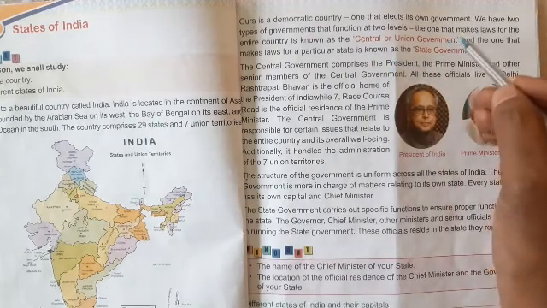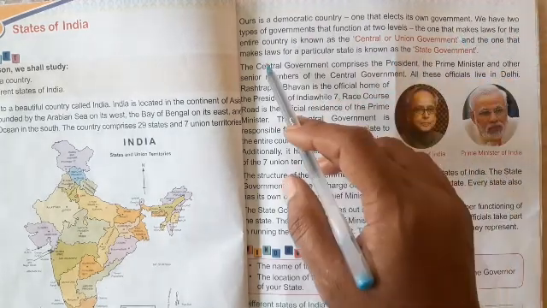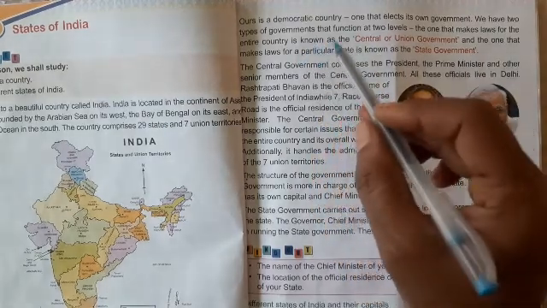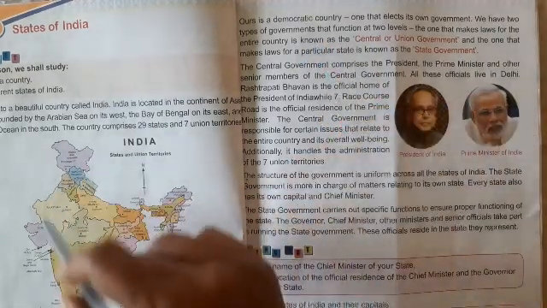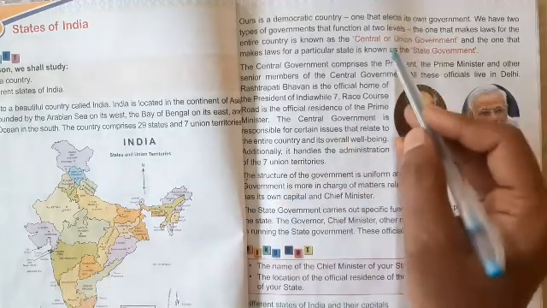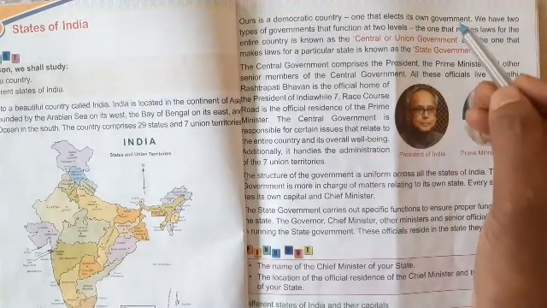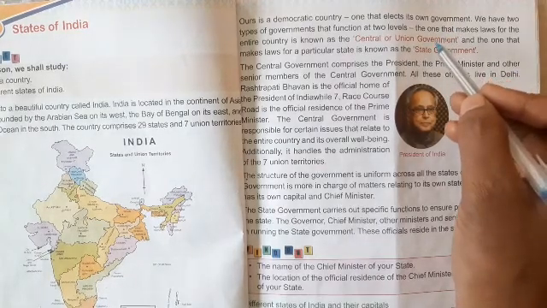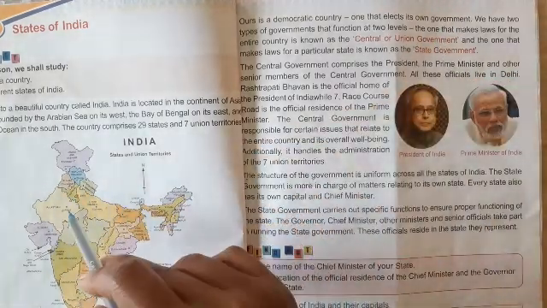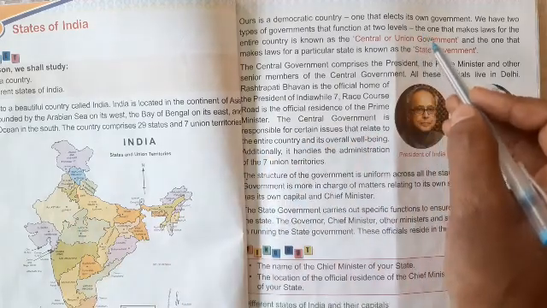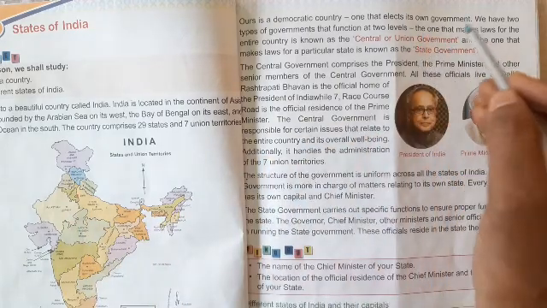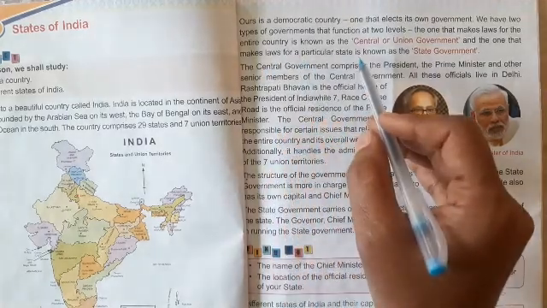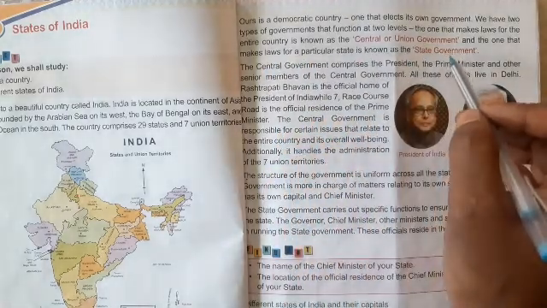One government makes laws for the entire country, that is called the central or union government. And the second one makes laws for a particular state, known as the state government.